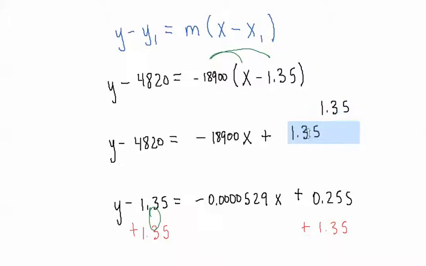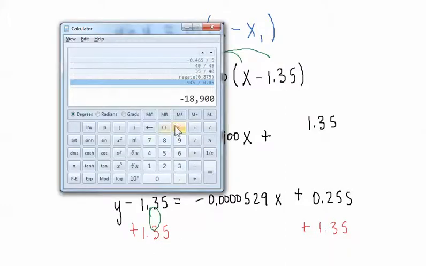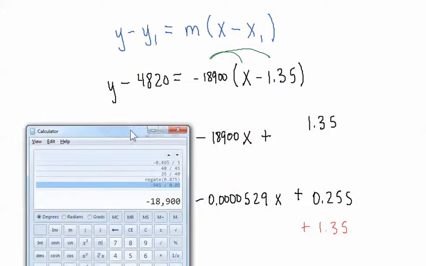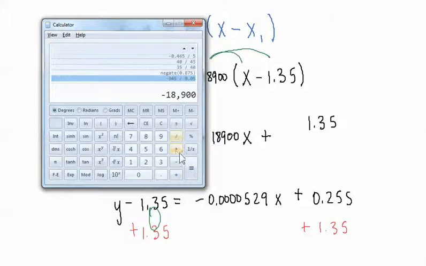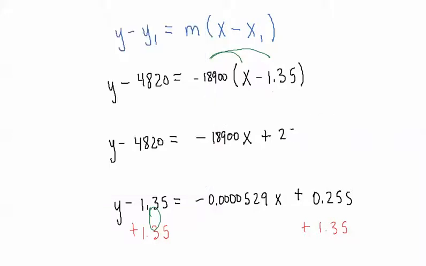Now this has got to be multiplied anyway, so that's going to change. We're multiplying negative 18,900 by negative 1.35. You get a positive 25,515.